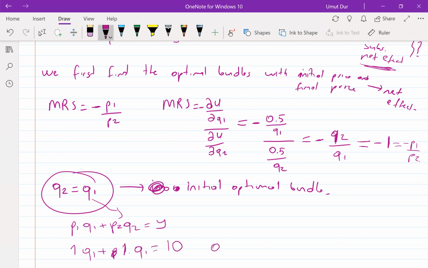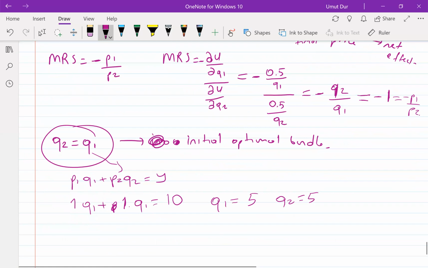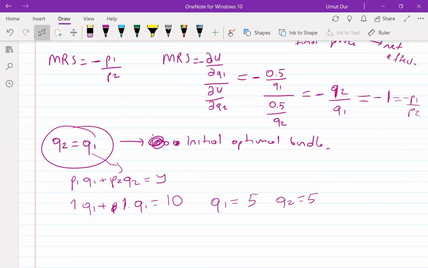Then I will have Q1 equal to 5 and Q2 equal to 5. Any question? So this is the initial optimal bundle.